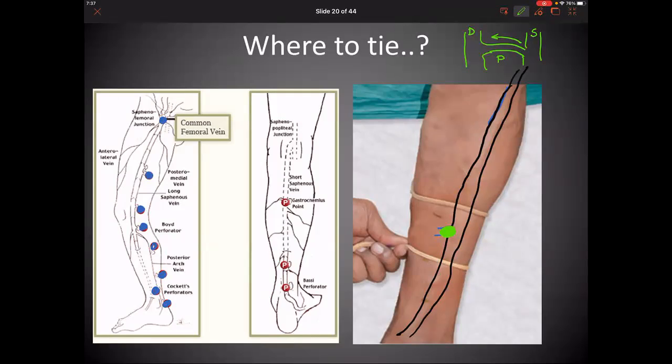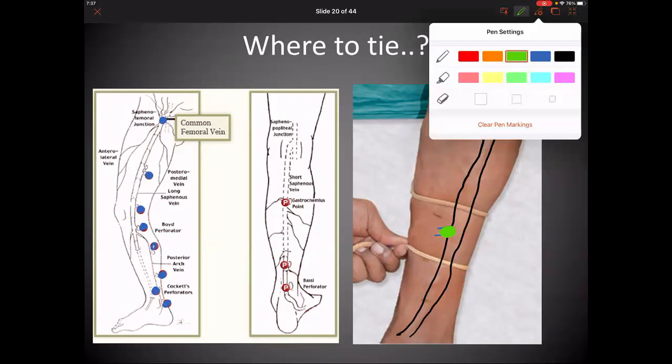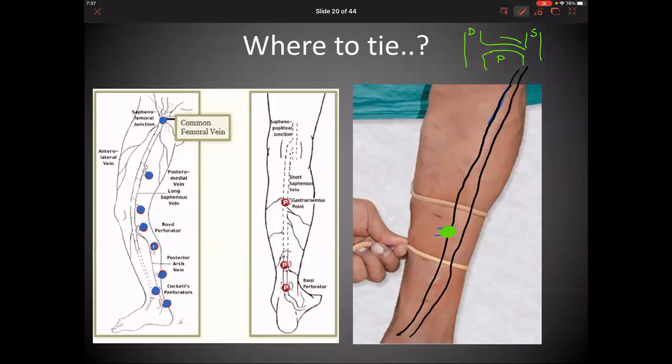In a pathology, what happens is this arrow gets reversed, and blood is flowing in the opposite direction. So this is what goes on in a case of perforator incompetence.